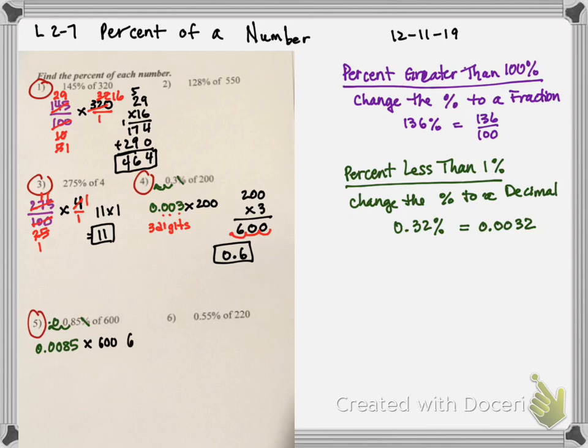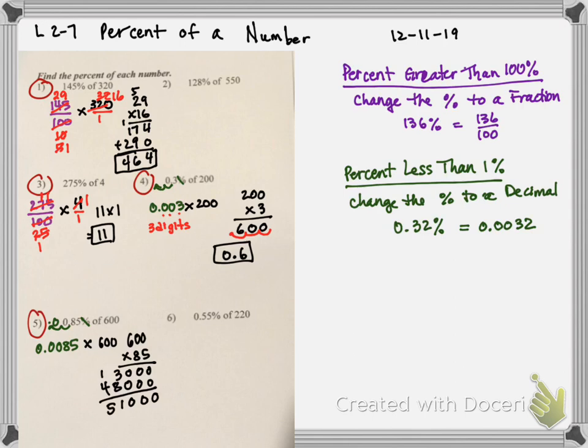600 and 85. So again, I'm going to temporarily ignore those zeros that come in the front of that decimal. So let's see, we get 0, 0, 30, put in a placeholder, 0, 0, 48. So we get a 0, 0, 0, 11, 5.